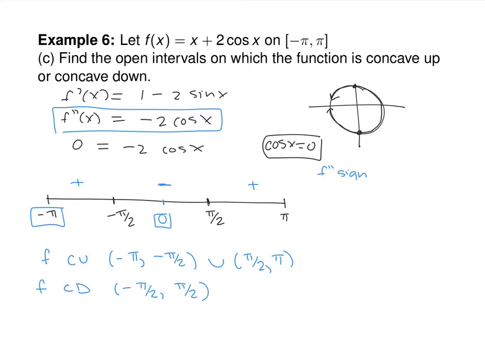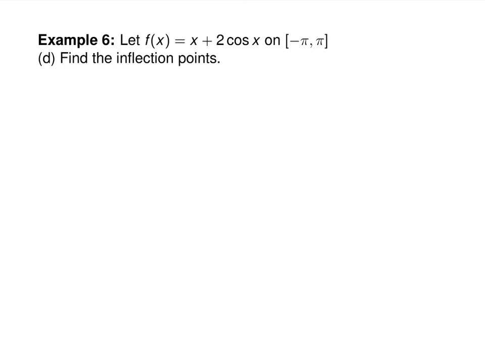Okay, so how many inflection points are there? 2? They're at negative pi halves and pi halves. So the inflection points, f of negative pi halves and f of pi halves. And unlike maxes and mins, these aren't classified. Going concave up to concave down doesn't have a different name than concave down to concave up. Just tell me what their y coordinates are. So that's negative pi halves plus 2 cosine negative pi halves.